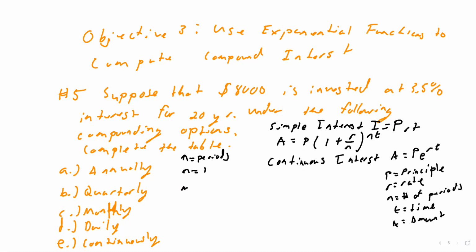Quarterly, how many times does that happen? 4. So my n would be 4. Monthly, 12. Daily, we'll use 365. We will not account for leap year. And for continuous, there is no n because we would end up using PERT. All right, so that takes care of that.